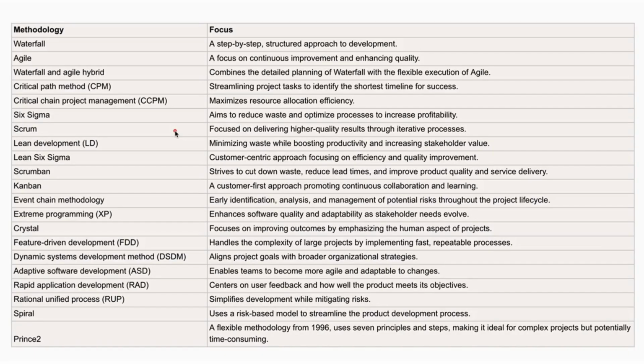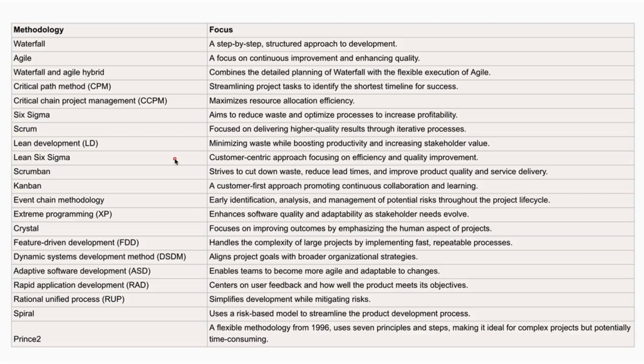And the next one is Scrum. So it's a kind of agile. It focuses on delivering high quality results through iterative processes. And we got the lean development here. So minimize waste while boosting productivity.